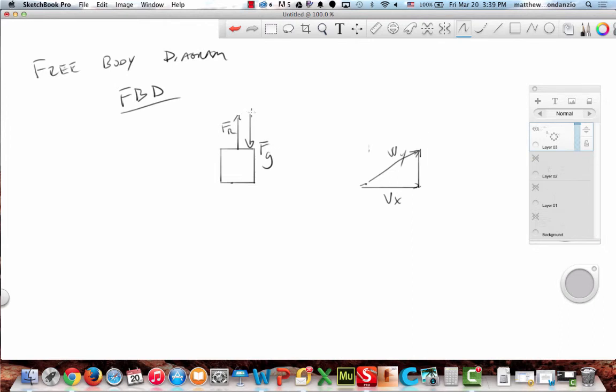What I cannot do is write a vector like this. We're going to be doing free body diagrams as time moves on.